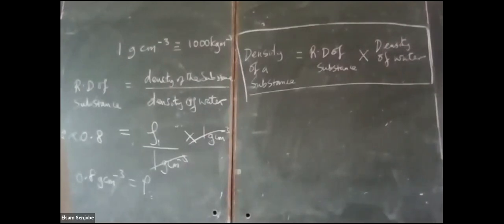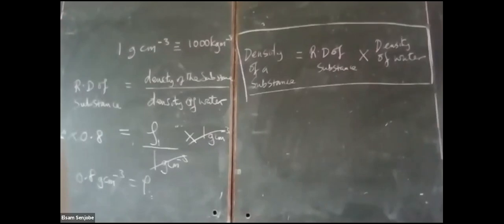It says density of a substance is equal to relative density of a substance times the density of water. Is that okay? So, the moment we get the relative density of a substance, we simply multiply it by the density of water, which is 1 gram per cubic centimeter, then we shall get the density of the substance.